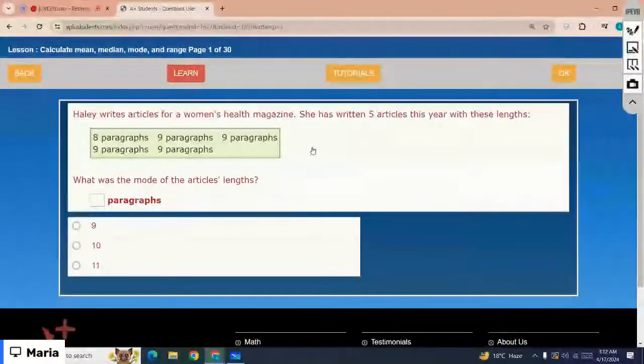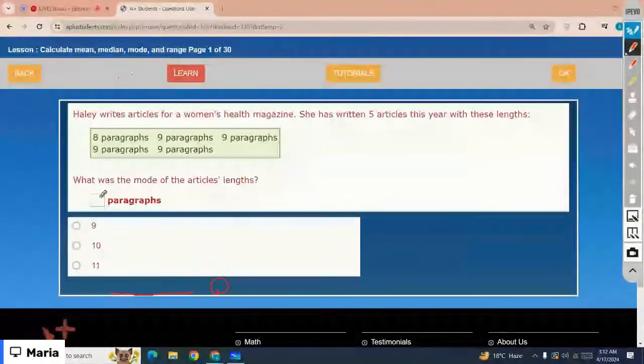Okay, Halle writes articles for Women's Health magazine. She has written 5 articles this year with these lengths: 8, 9, 9, 9, and 9. You need to find the mode of the article lengths.